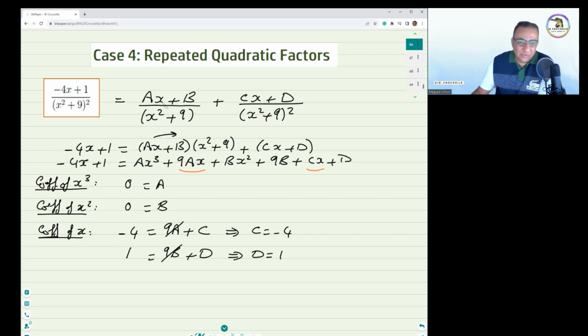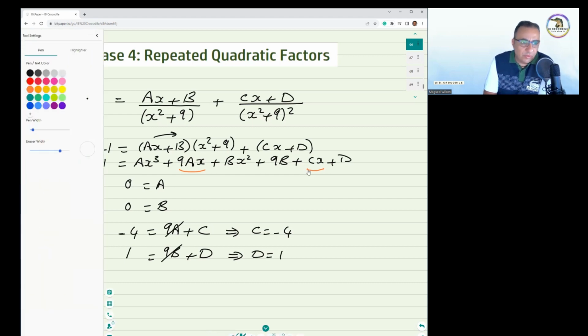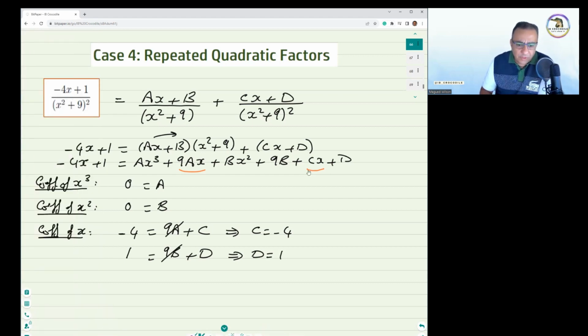Okay, so you can put back c and d in there with the values that you found. So negative 4x plus 1 over x squared plus 9 all to the power of 2 equals basically the same thing, with c negative 4 and d equal to 1.